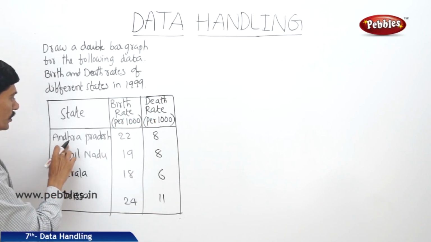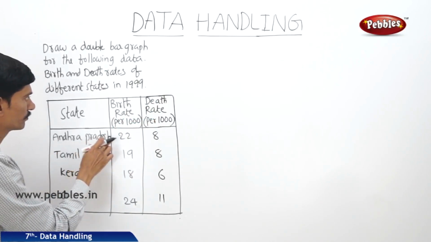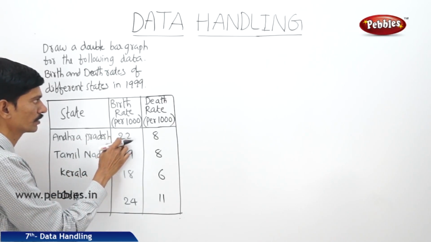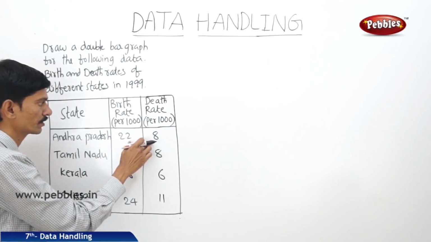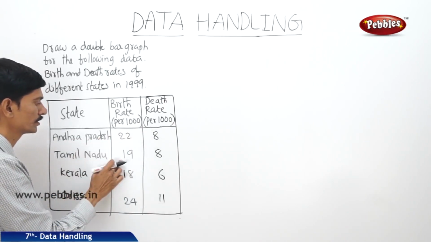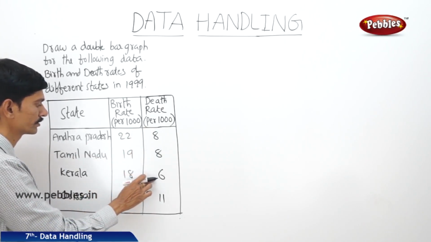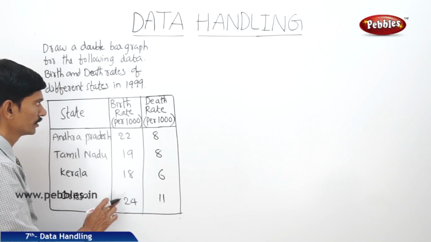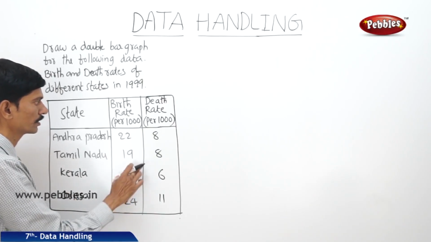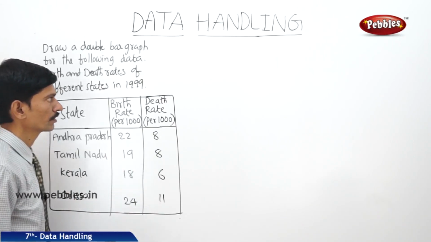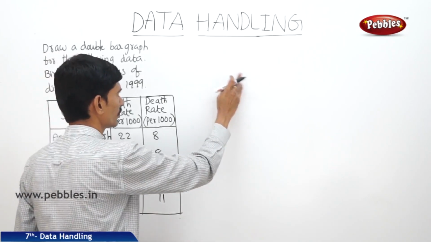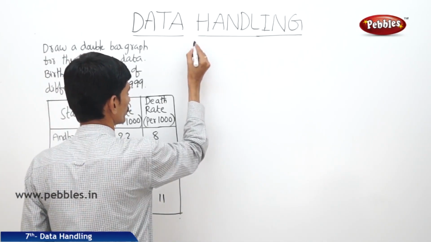In Andhra Pradesh, birth rate is 22 per thousand and death rate is 8 per thousand, Tamil Nadu 19 and 8, Kerala birth rate 18, death rate 6, and Orissa birth rate is 24 and the death rate is 11. Now let us write the steps in drawing the double bar graph.